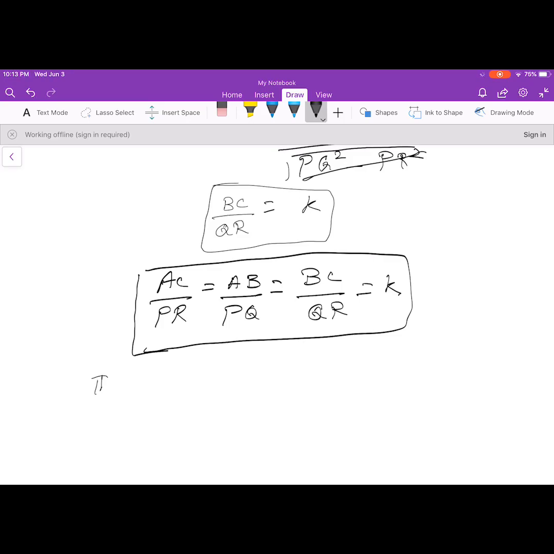This is a theorem from your chapter Triangles. When we do the chapter Triangles, we will deal with this in detail. That is, when the corresponding sides of two triangles are proportional, the triangles are similar.